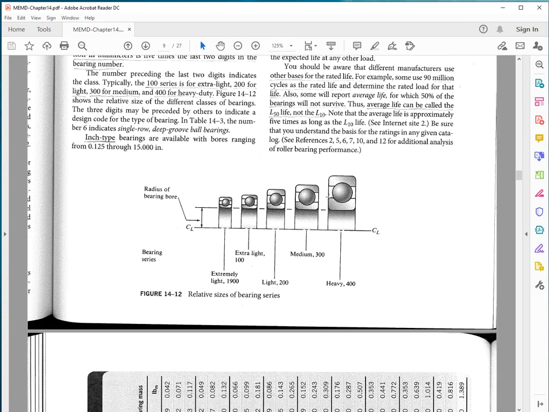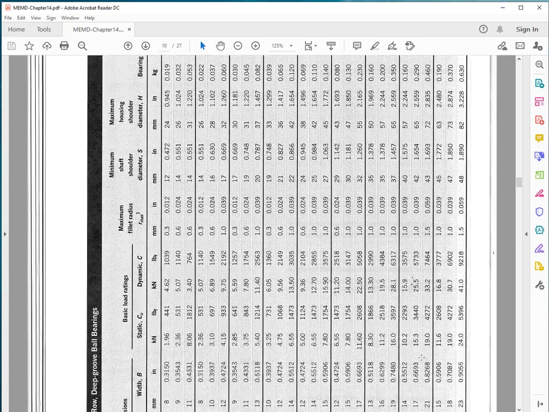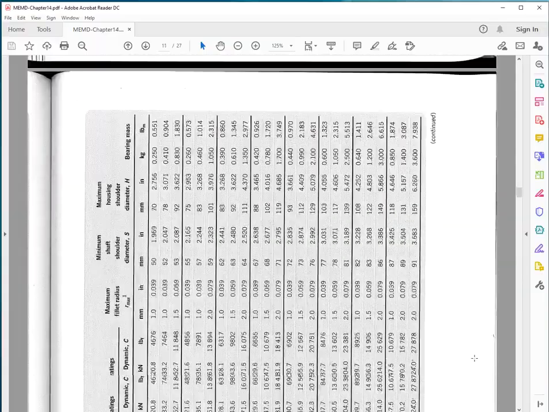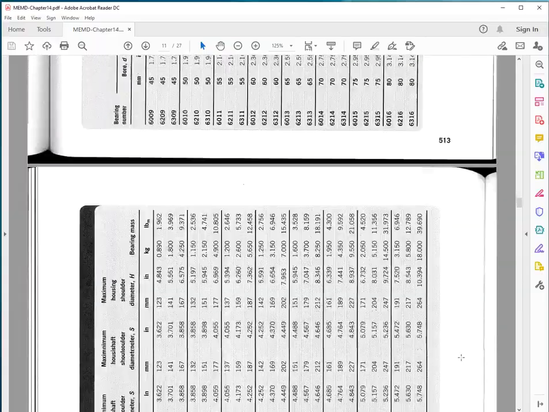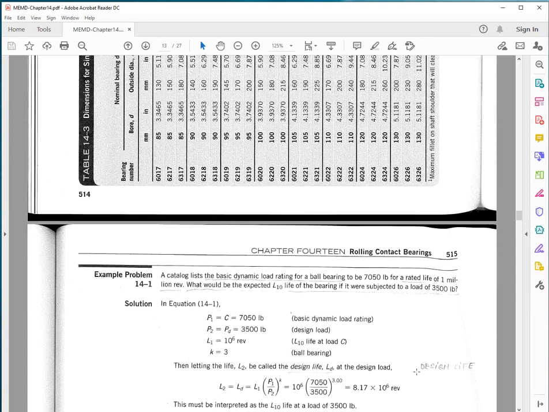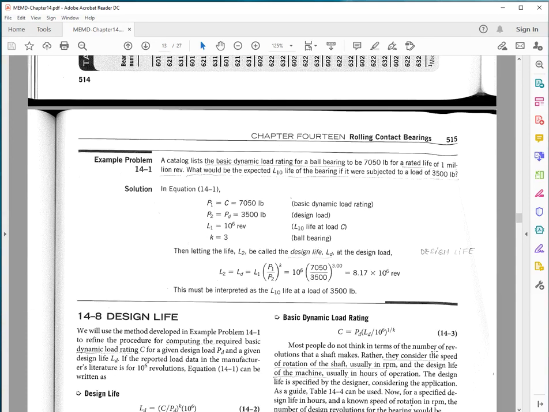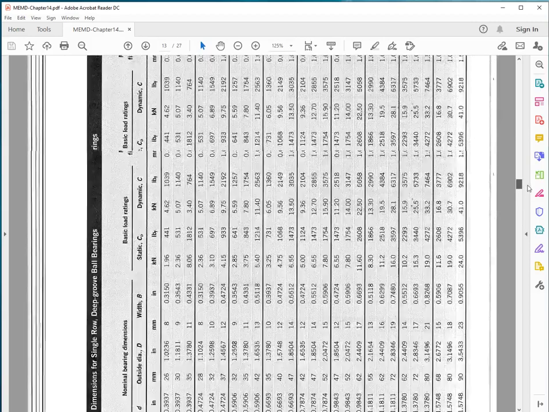You can see the heavy size is much bigger. The rolling element, that is the ball, is bigger, and this can carry much more load for the same life than this other one. Okay, so we have the dynamic load rating of a bearing, and the dynamic load rating is in the first equation of the chapter.